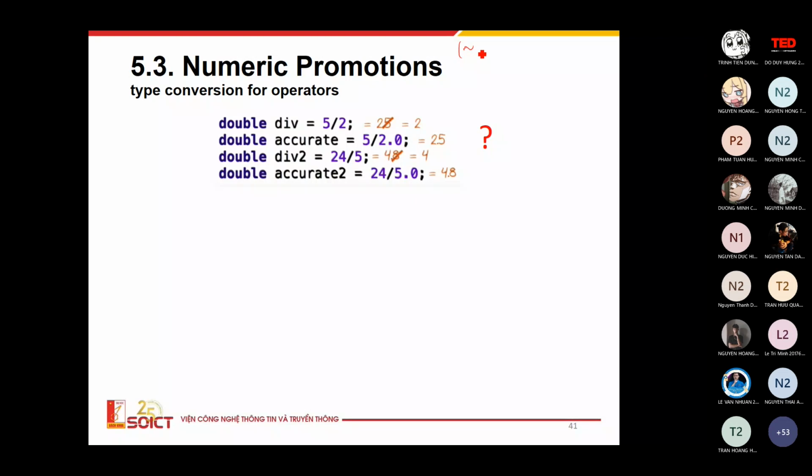Promotion thì không phải chuyển kiểu, nhưng mà chúng ta dịch nó theo cái kiểu như vậy cho nó dễ nhé, là chuyển kiểu trên toán tử. Promotion là thăng chức, kiểu thế là thay đổi từ một vị trí này sang một vị trí khác nhé. Or we can call it the type conversion for operator. Okay, chuyển kiểu trên toán tử.